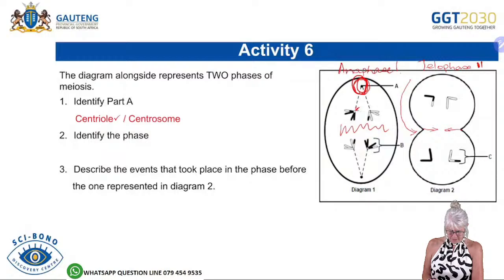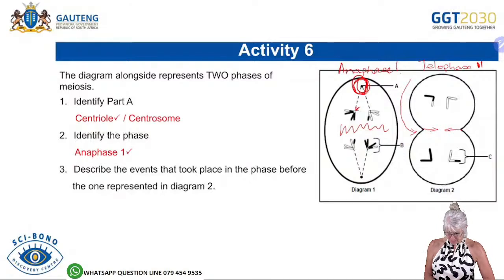Identify the phase. Okay, so I think that half the question has disappeared. Let's see if we can get the rest of the question. Okay, so in diagram 1, I would assume that question is because it is anaphase 1, which we already had a look at. And then they say describe the events that took place in the phase before the one represented in diagram 2.